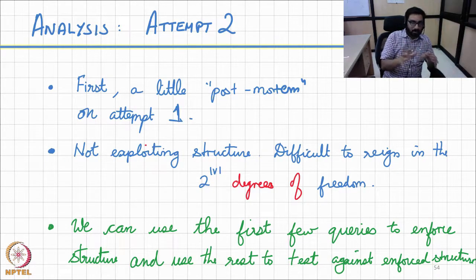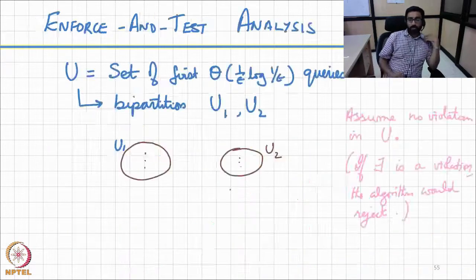And what we're doing here is very similar. The first few queries we're going to enforce a structure, and even though the algorithm doesn't change, in the analysis we look at the structure that is enforced by the first few queries, and then use the subsequent queries to test against that enforced structure. So let's look at it a bit more carefully.